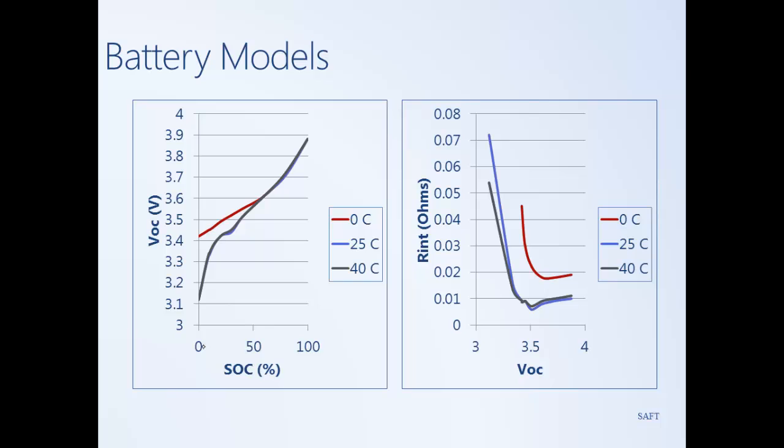We don't deplete the battery completely, and we don't charge it completely either. We keep it in a narrower band in order to extend the life of the battery. So under those conditions, if we're keeping the battery in a more narrow range of the state of charge, it may be appropriate to treat the open circuit voltage as a constant.